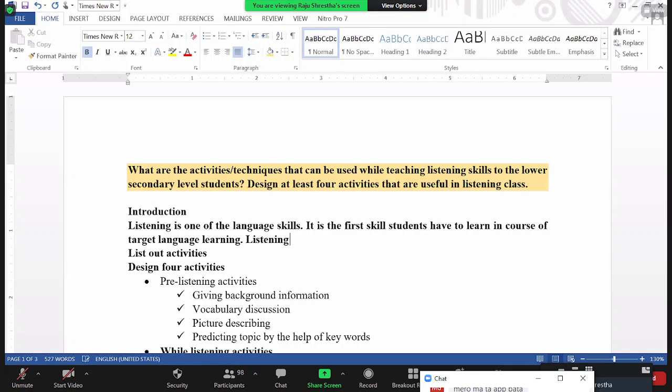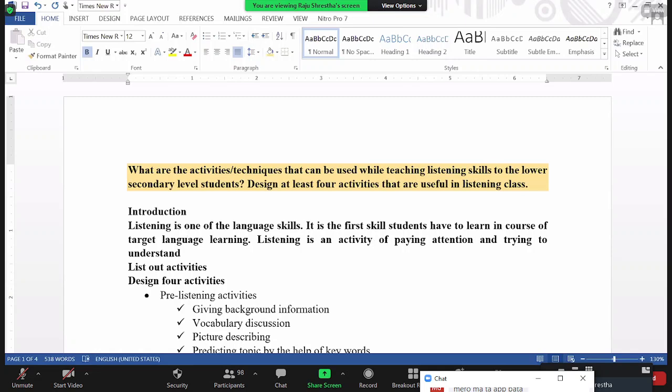Listening is an activity of paying attention and trying to understand what we hear.